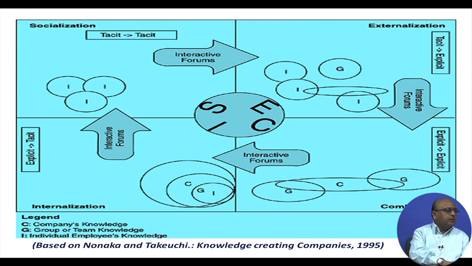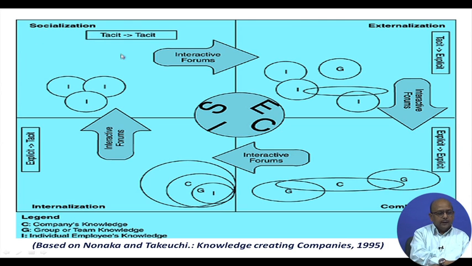Then moving to C. I have already talked about it, this model that is based on Nonaka and Takeuchi, from their article published in Harvard Business Review, the knowledge creating company. Now, if you look at this knowledge creating company, we have already talked about how knowledge is transformed from tacit to explicit or otherwise, and then we talked about 4 different modes through which it happens, right.